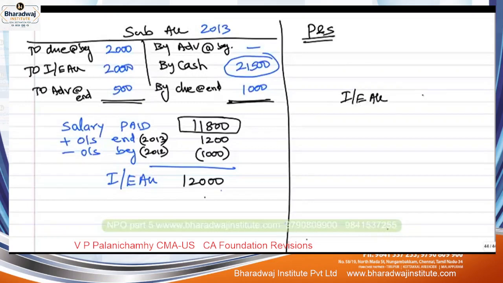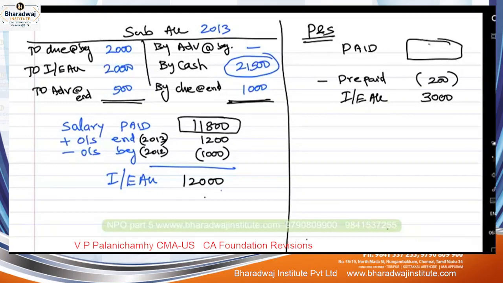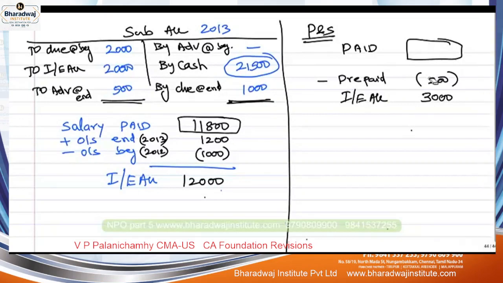Same way, printing and stationery. How much is given in the income and expenditure account? 3,000. How much prepaid is given? 200. Then how much would they have paid? 3,200. They would have paid 3,200.